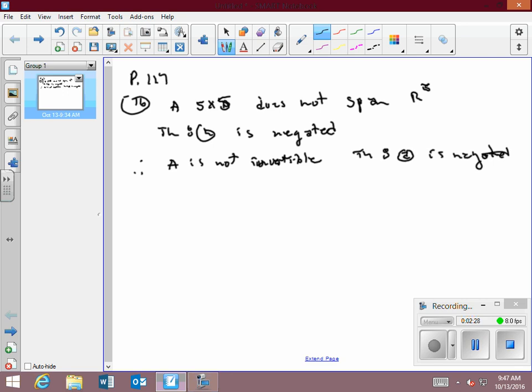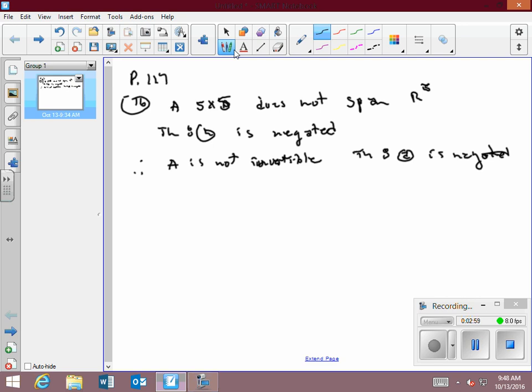If you look at theorem 8, the important thing is in that sentence at the top. It says either all are true or all are false. So if one part is false, then every other part is false. Well, the 5 by 5 does not span R says that theorem 8H, the columns of A span R, is negated.